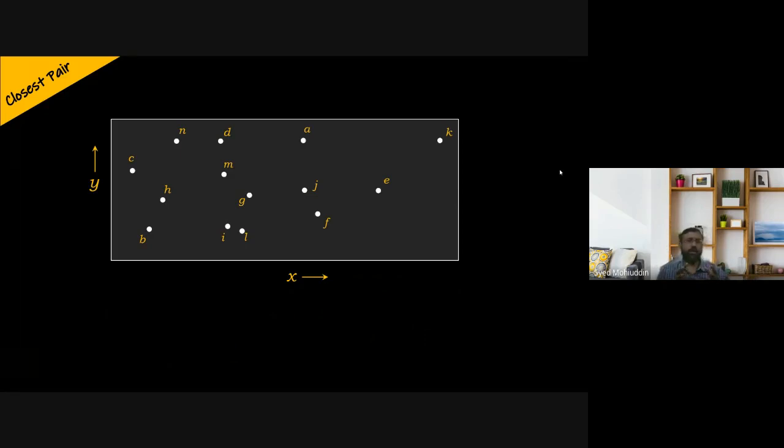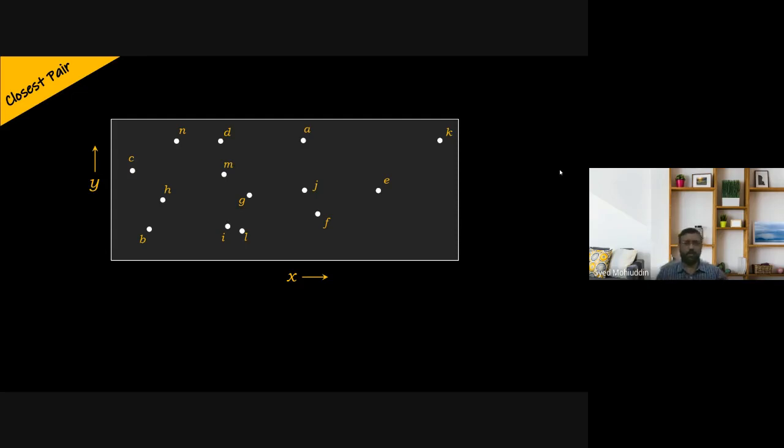So what would be the exhaustive or brute force approach? Take one point and find its distance to all other points. If there are n points, that runs n times. Then take another point and find its distance to all other points, n times.